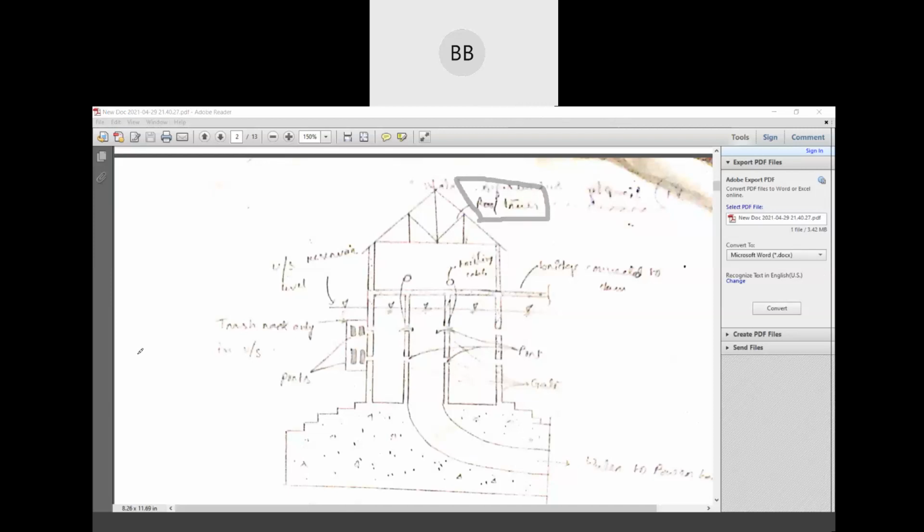Then the upstream reservoir level. Then this is your trash rack, only in the upstream.